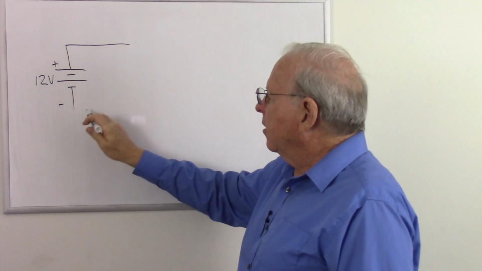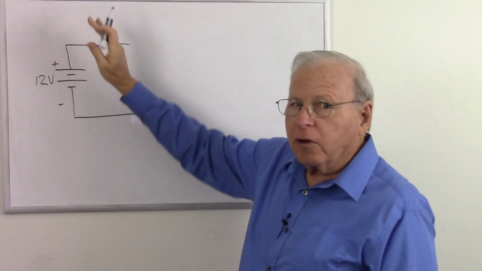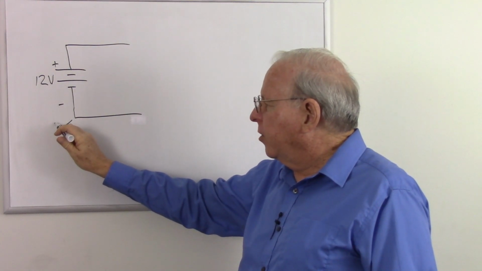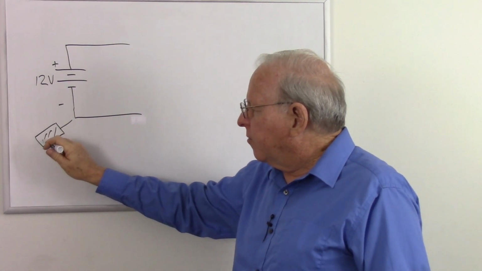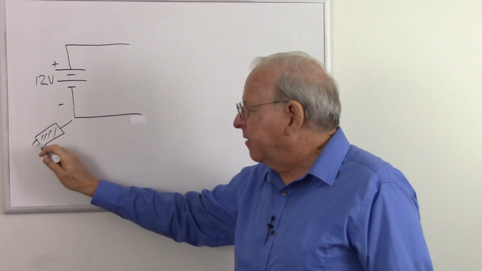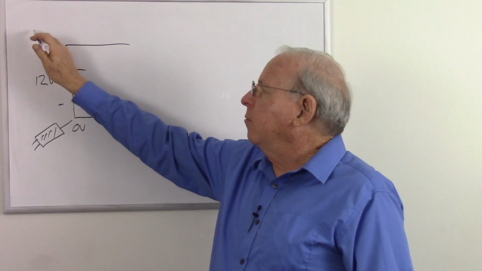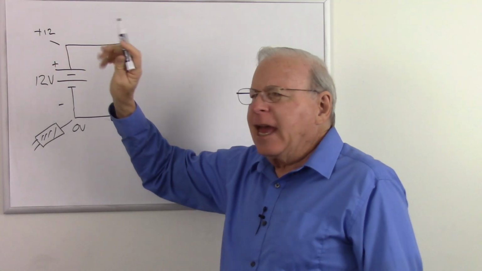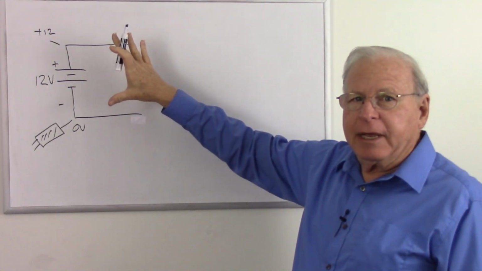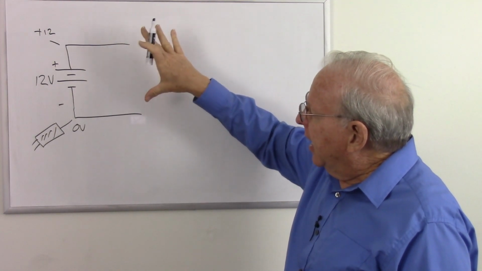So that analog circuit is going to be limited to this 12-volt range, and of course we're probably going to put our black probe of our voltmeter here so that this will be by definition 0 volts. And at this point here we'll have plus 12 volts, and we're going to have a little bit of overhead, meaning that we won't be able to get the entire 12 volts in there.